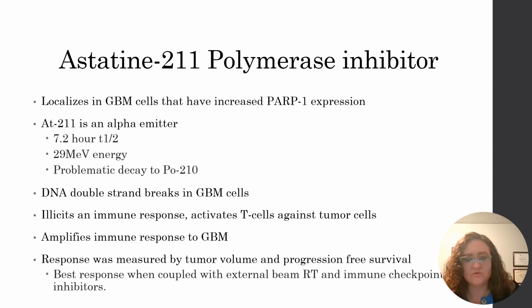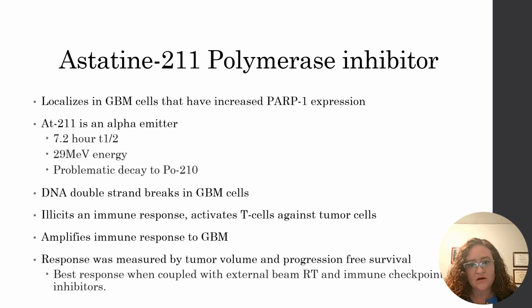PARP1 is actually a protein that is overexpressed in glioblastoma cells. Normally, what it does is just helps the cells repair from DNA damage, but it's overexpressed in glioblastoma and helps the actual cancer cells survive.